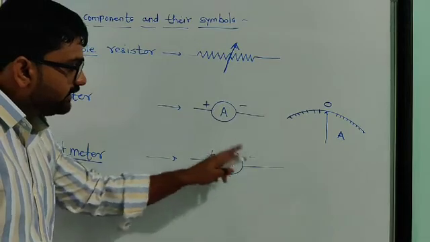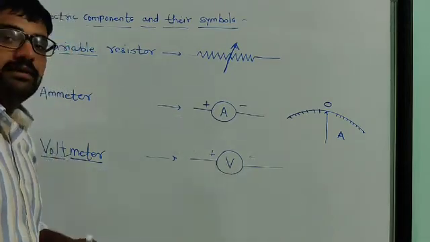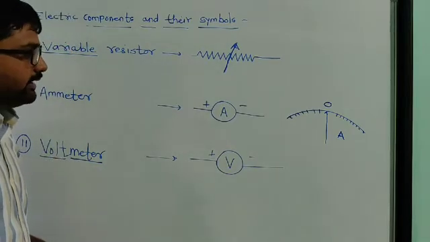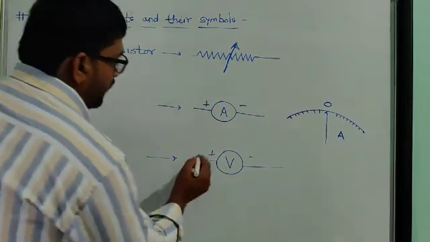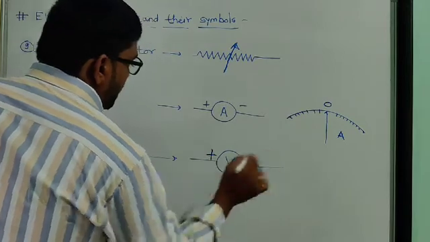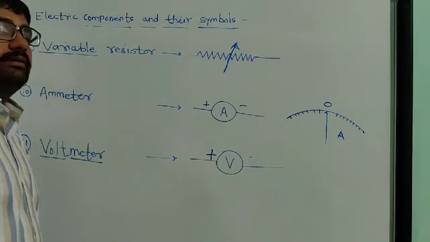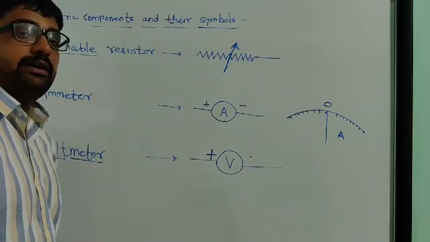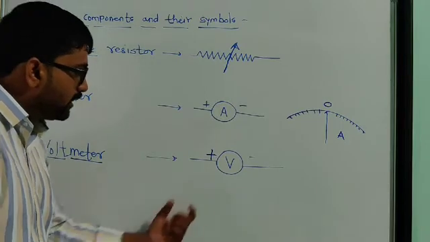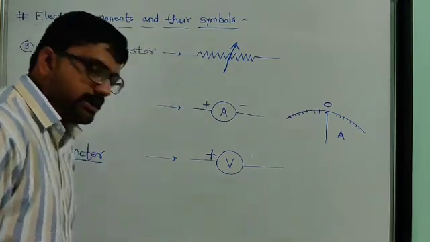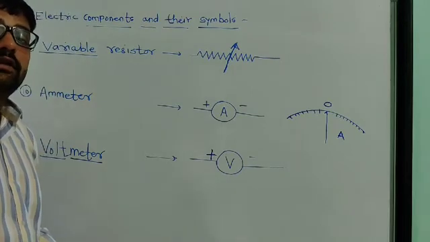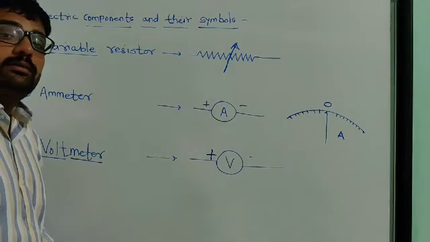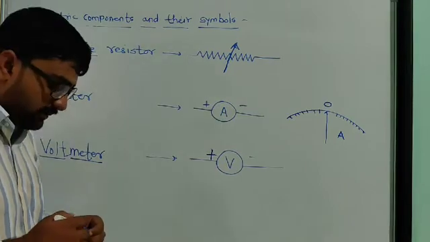Two wires are connected to this circle and V is given in between. V means voltmeter. It also has one positive terminal and one negative terminal, which we connect to the positive and negative terminals of the battery.